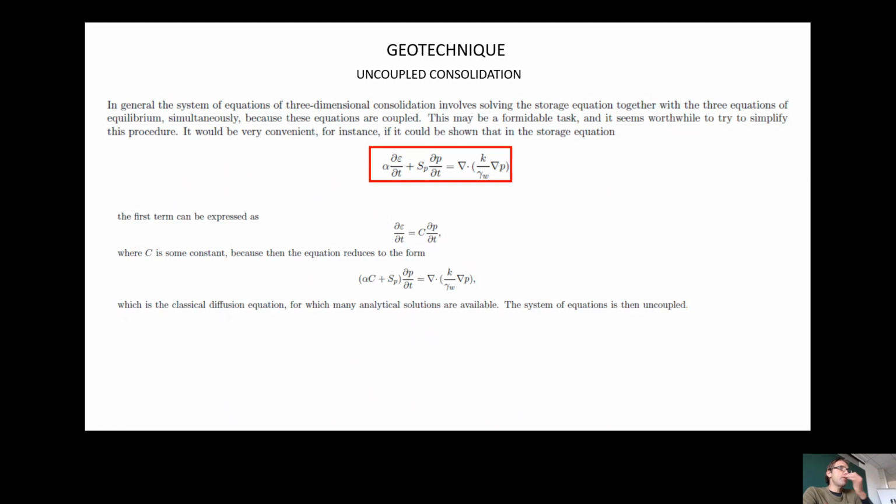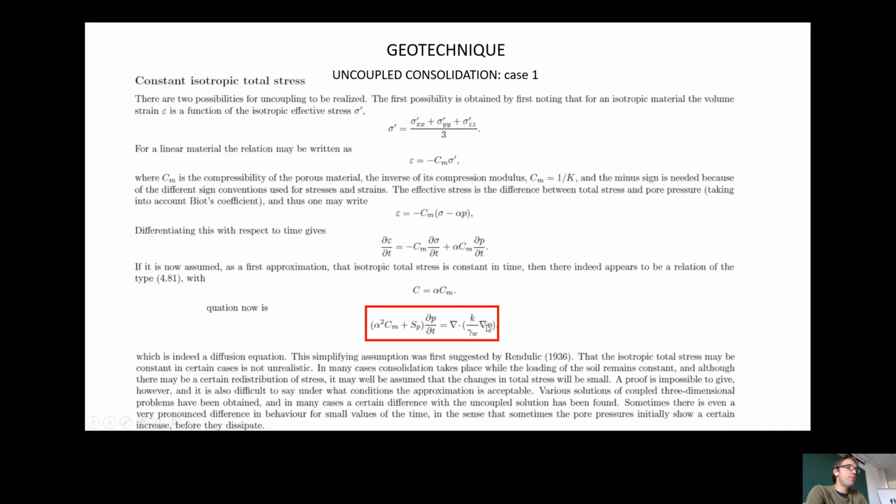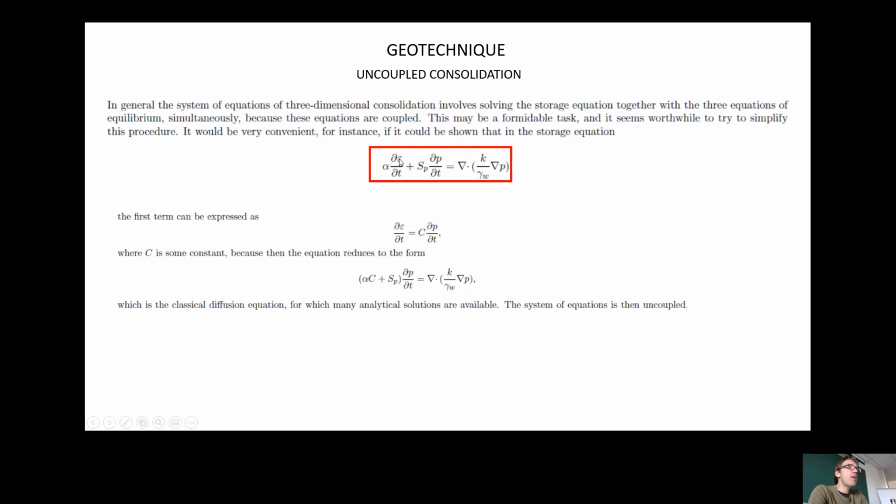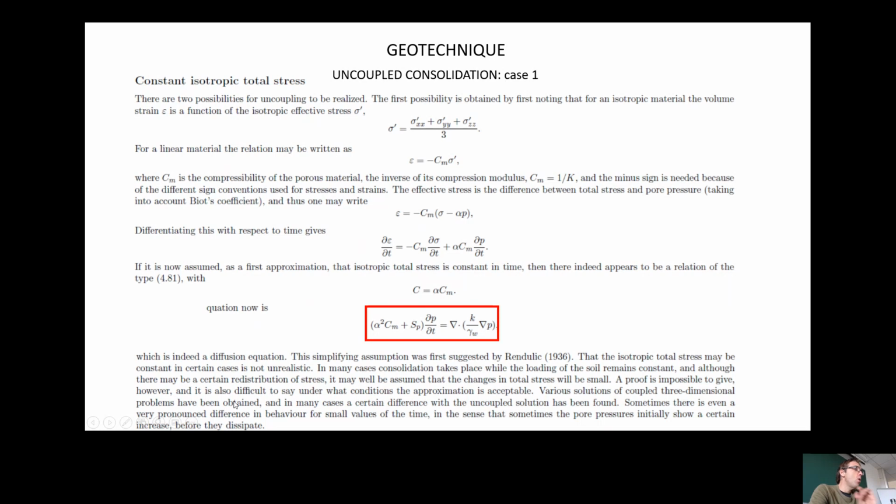So in a sense, we are rewriting this first part. This term remains the same, but what we are modifying is essentially the derivative of epsilon with respect to t, which is indeed a diffusion equation.